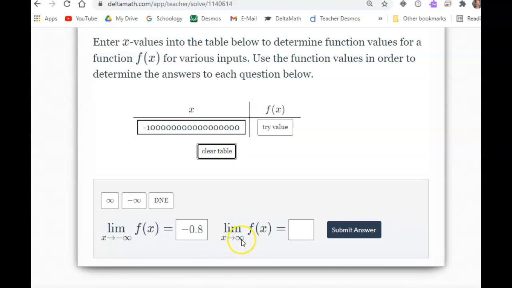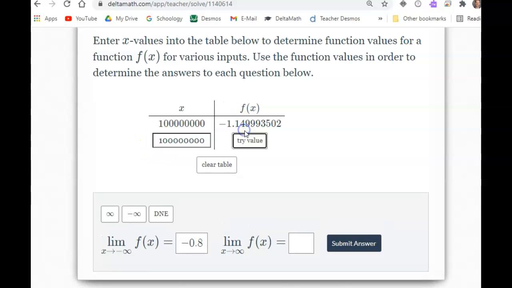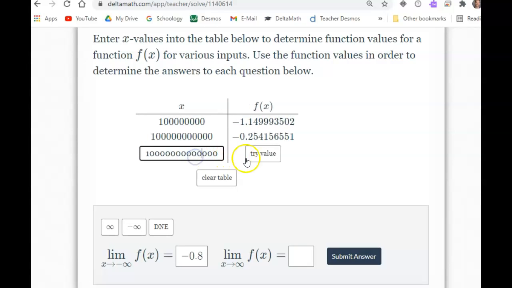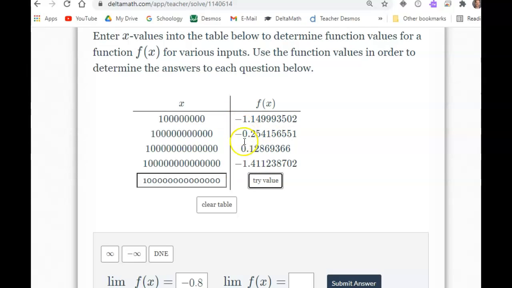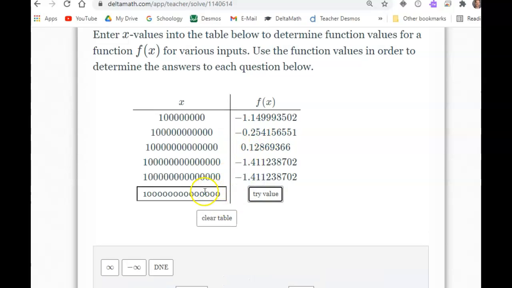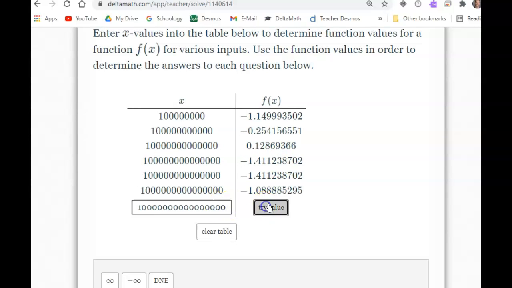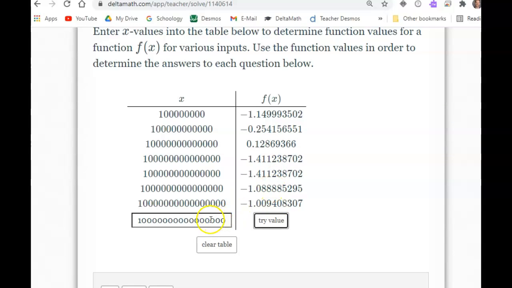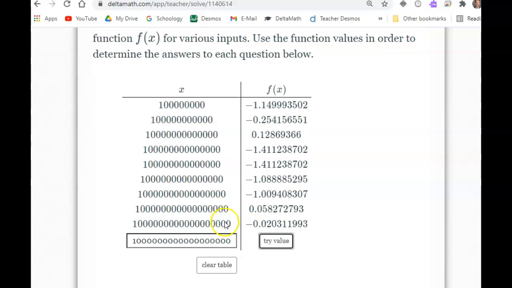Okay. And then we got to go to positive infinity. So I'm going to clear that. This time I'm going to just start with a really large positive value. And I'm just going to keep adding a couple zeros here. Now notice, we're jumping all over the place. These outputs aren't getting constant or steady towards the same value.